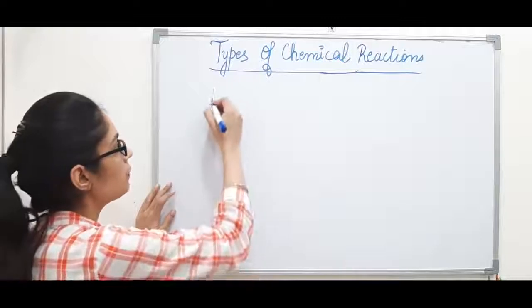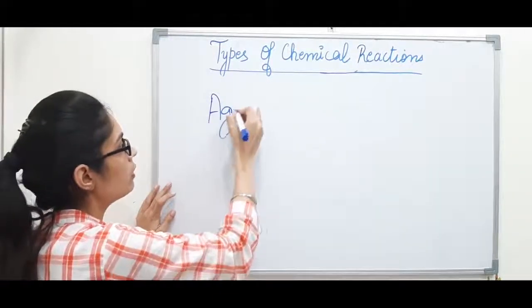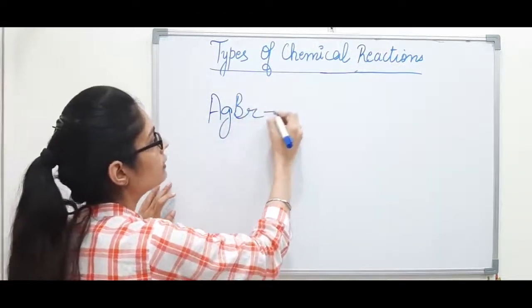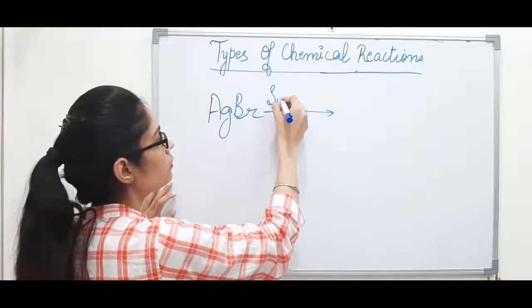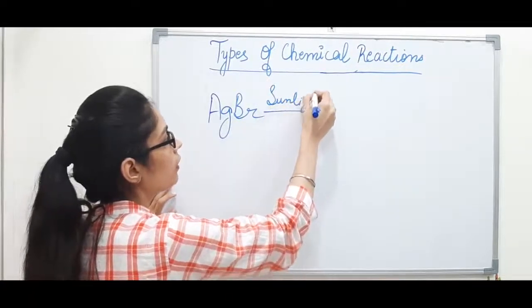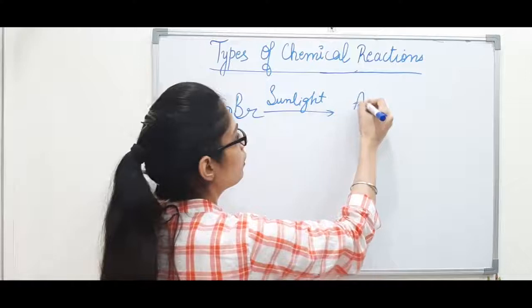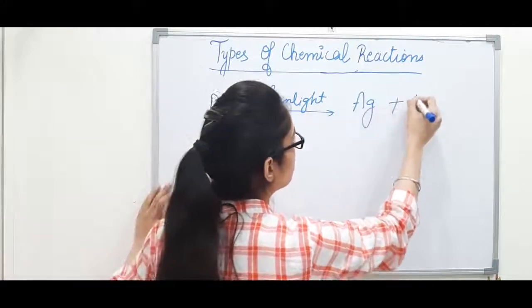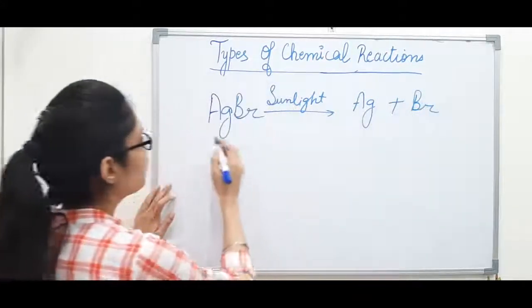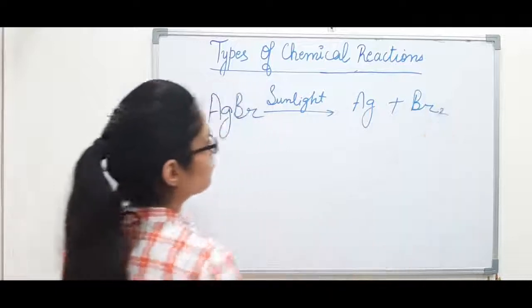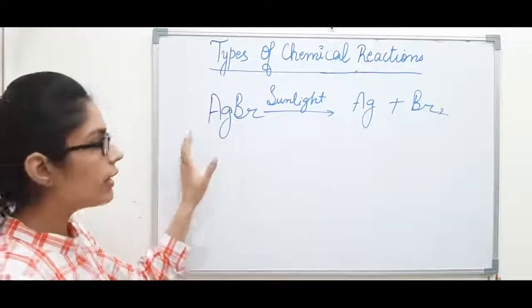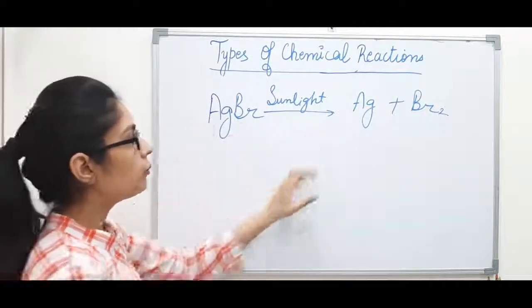The same example we can take of silver bromide. When silver bromide is exposed to sunlight, it gives me silver plus bromine. See, this is the reaction. Again, this is a decomposition reaction.